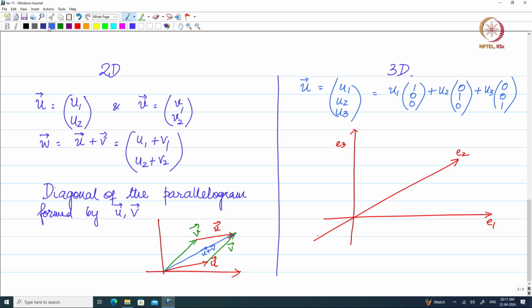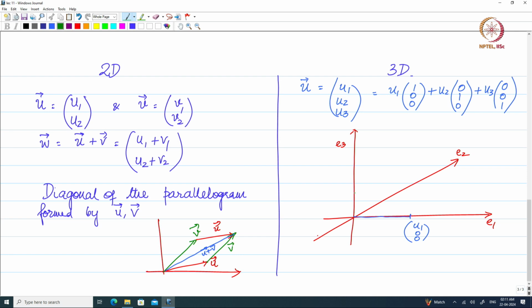Along the direction of 1 0 0, I walk a distance which is let us say u1. This is going to be u1 0 0. Let me mark all these things: u1 0 0, u2 0 0 and u3 0 0.